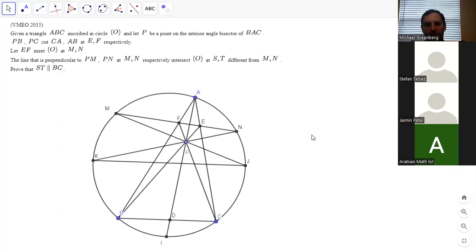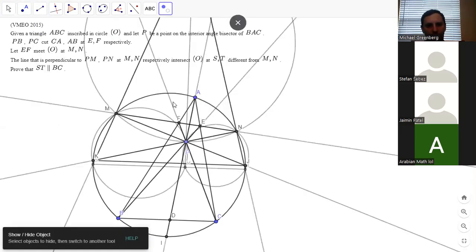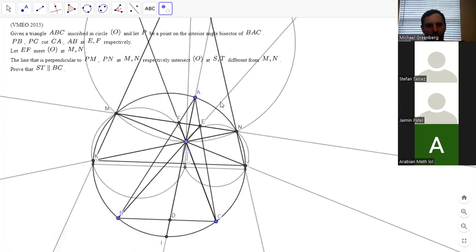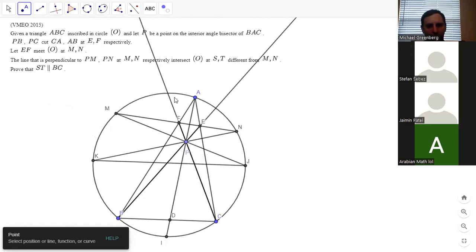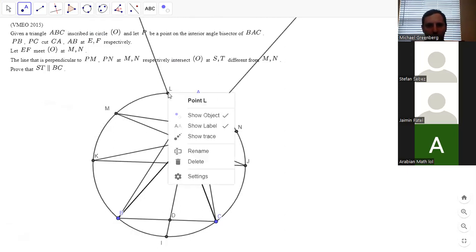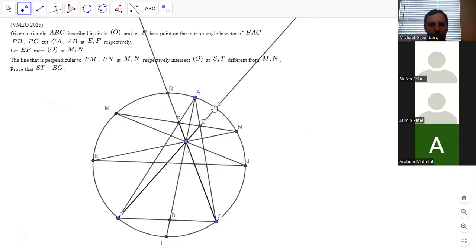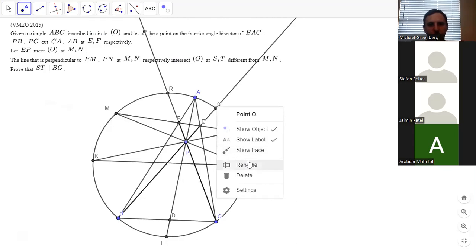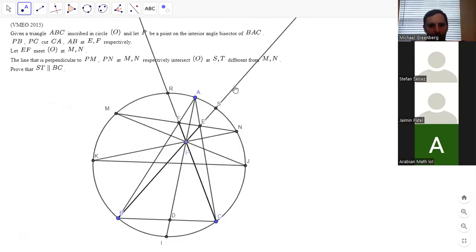What if PF intersects AB at R and the same for BP? Let's try that. So we'll call it R and S. Yeah, and now maybe that would make Pascal's easier somehow.